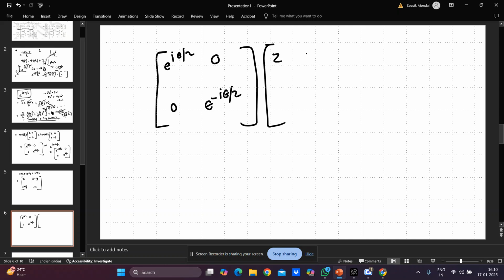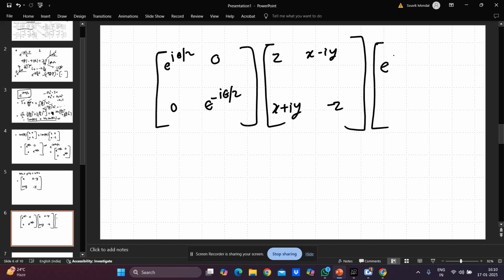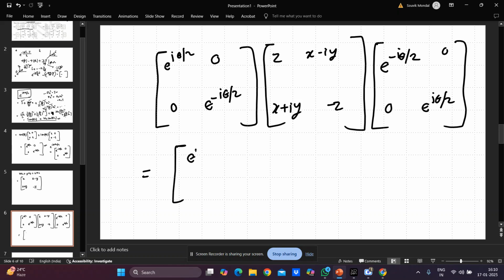Here is your z, x minus iy, x plus iy, minus z, and there is another term, but with the minus sign swapped: e to the power minus I theta by 2, 0, 0, e to the power I theta by 2. Now you can calculate this. This will be bread and butter for you.